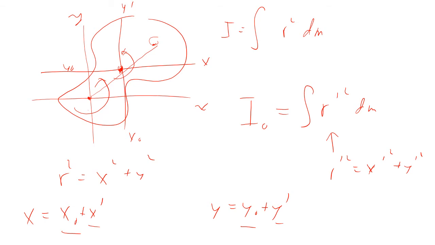So that means we need to include this r in our calculation. So I is going to be the integral of r squared dm. So that's going to be the integral of x squared plus y squared dm.